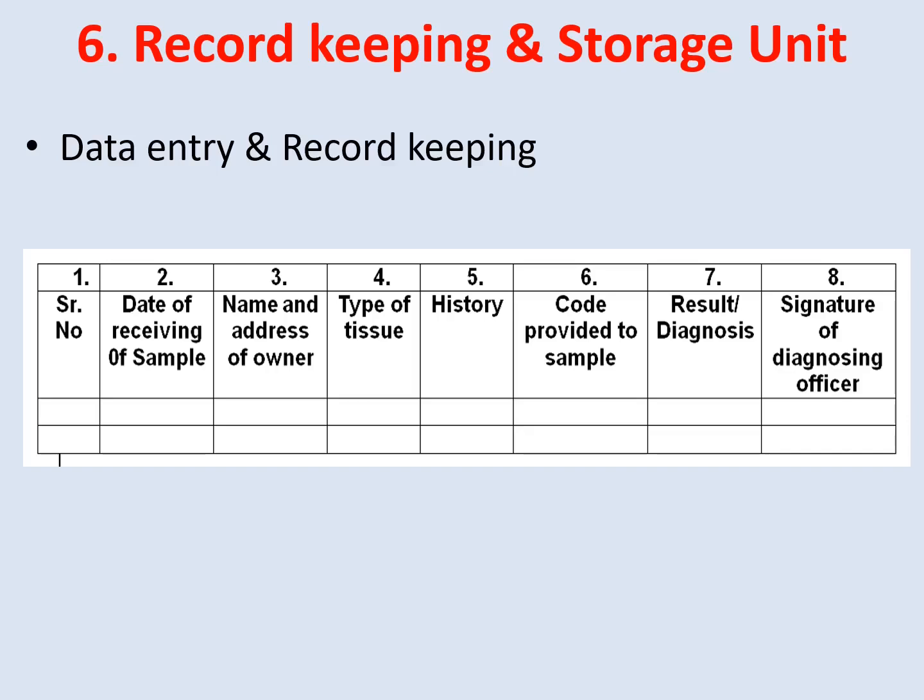So you provide some code which will reflect on your block. And seventh one is result and diagnosis. What is the result? A tentative result or a result that has been drawn by the pathologist. And the last one is the signature of the diagnosing officer. So we have to make a register, and we have to make a record of all these things.